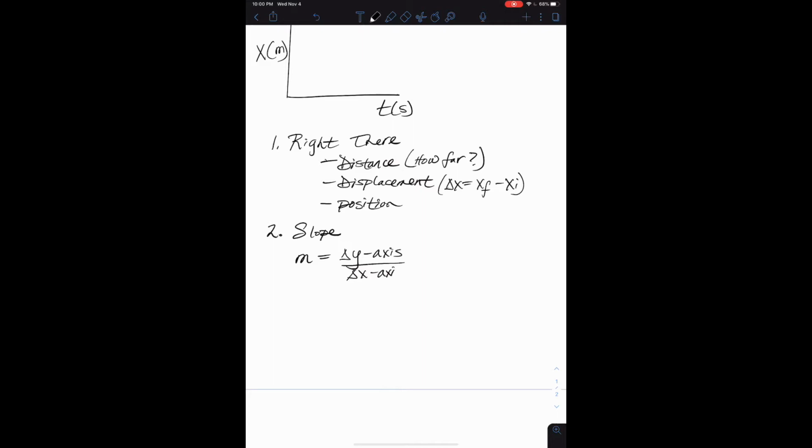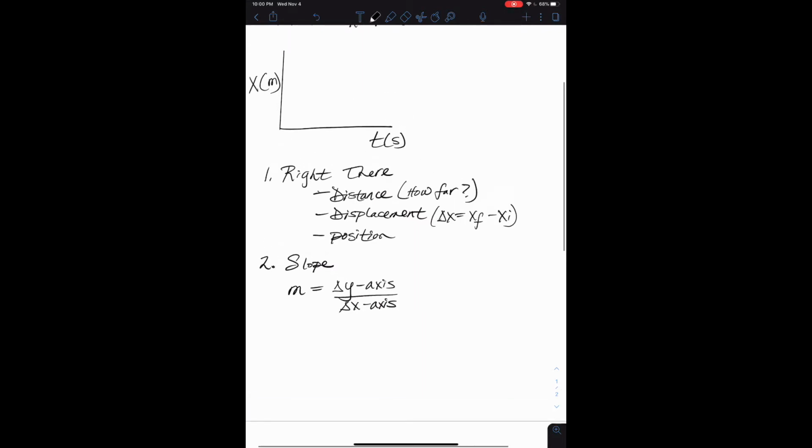Now what changes with every graph is what's on those axes. So for this graph, we have position on the y-axis, and we have time on the x-axis. So that right there lets you know what slope is.